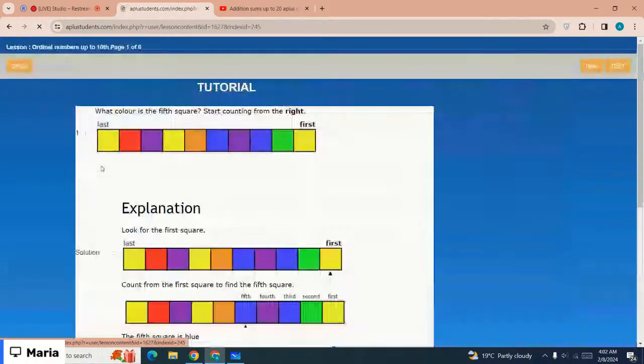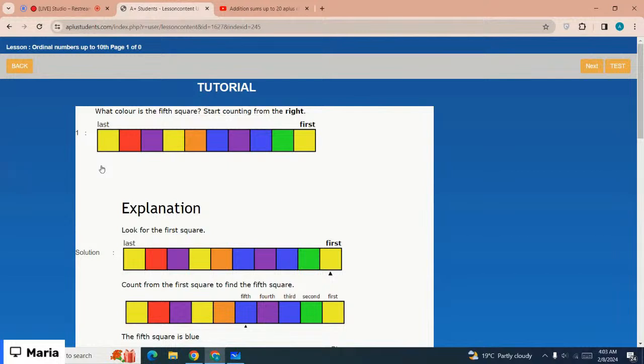Let's see what ordinal numbers are. What color is the fifth square? Ordinal numbers are the ones that show the order or position in a sequence.